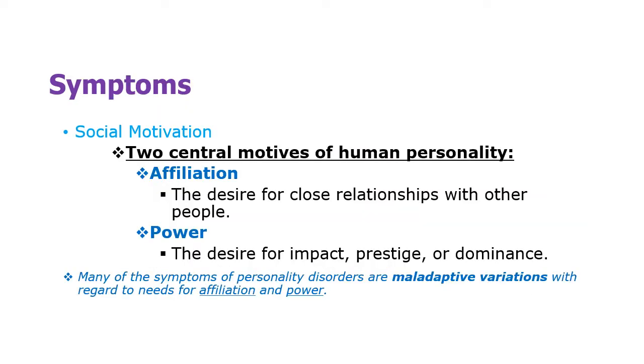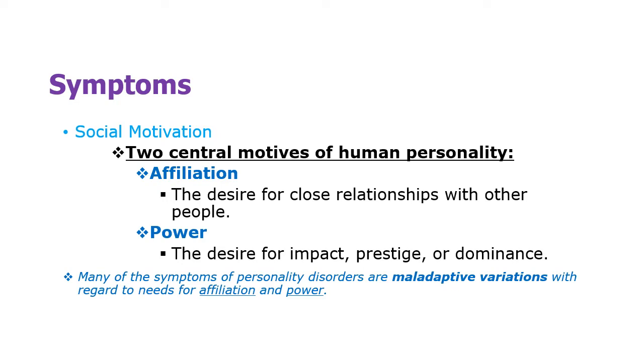So there are two key social factors that will impact how a person acts or their personality. The first is affiliation. Affiliation describes how we affiliate with others. This is our desire to have close relationships, to have many friends, to want to seek affection with someone else. And then the second is power.